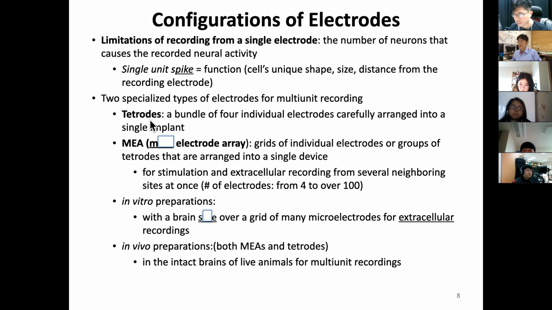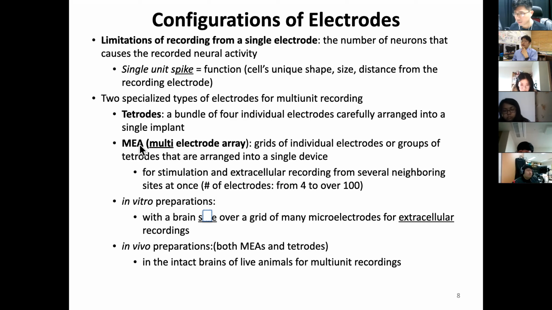So that's a tetrode. As I said, it's 4 individual electrodes. And the other is, as I already said, a multi-electrode array, which is grids of individual electrodes or groups of tetrodes that are arranged into a single device.